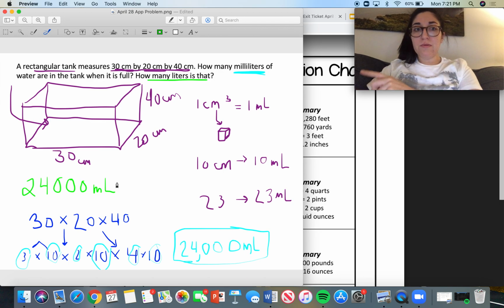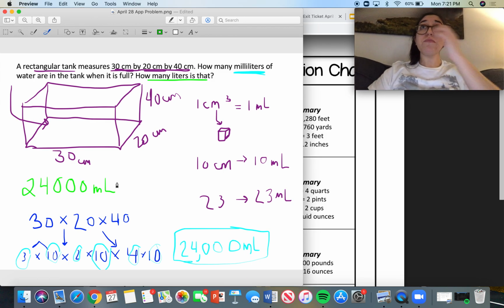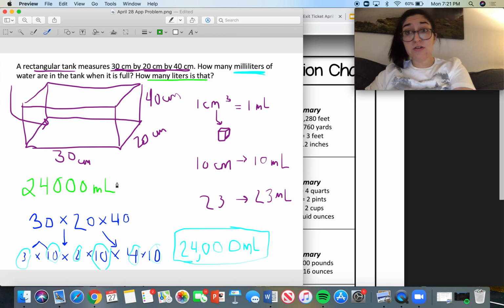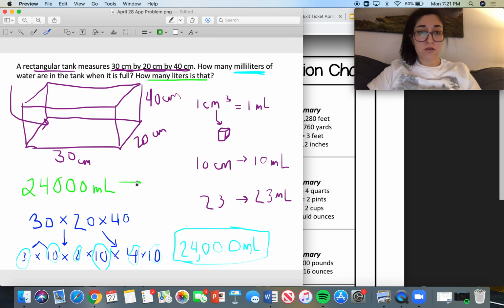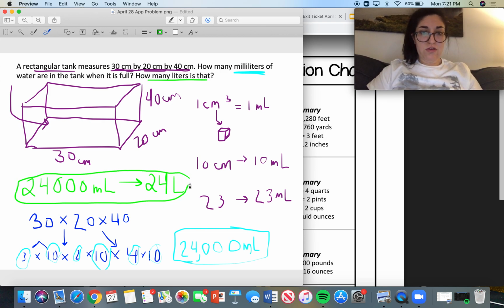So 1,000 milliliters, 1 liter. 2,000 milliliters, 2 liters. 3,000 milliliters, 3 liters. 10,000 milliliters, 10 liters. 20,000 milliliters, 20 liters. 24,000 milliliters, 24 liters. So it's going to be 24 liters.